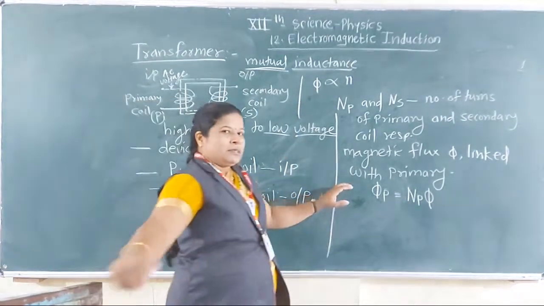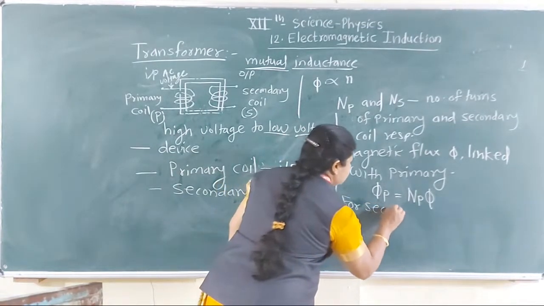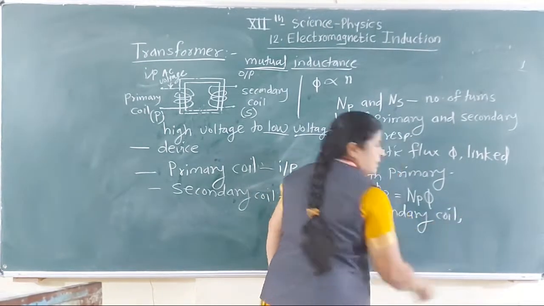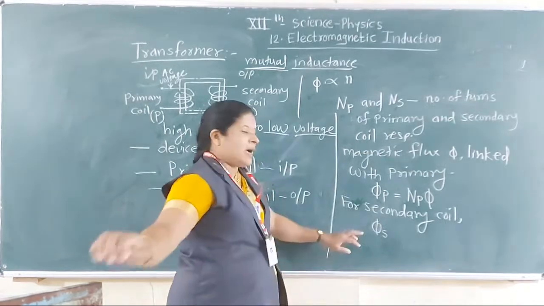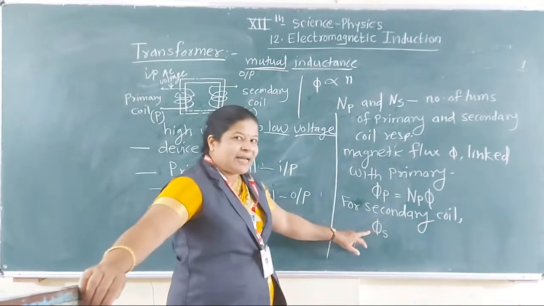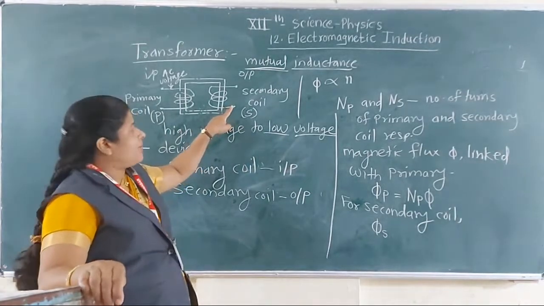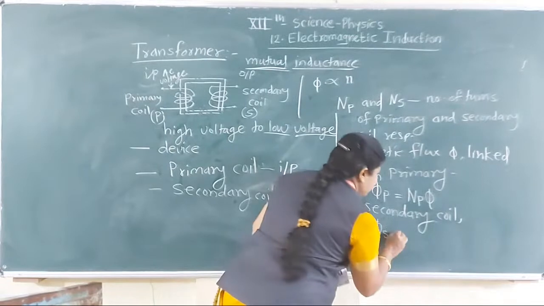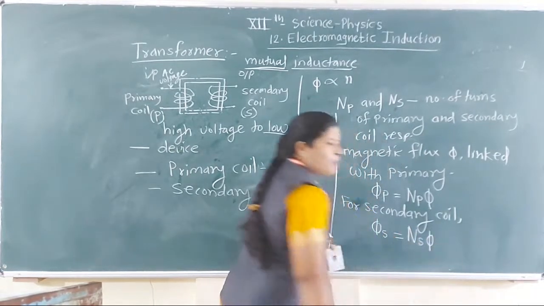Similarly, for the secondary coil we get phi s. That means the magnetic flux linked with the secondary coil, phi s is equal to NS into phi.